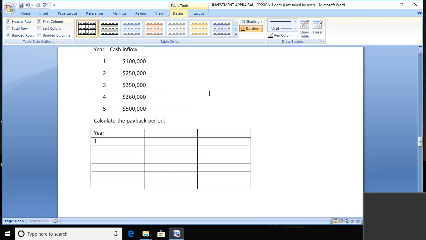So for years, we have year 1, year 2, year 3, year 4, and year 5.